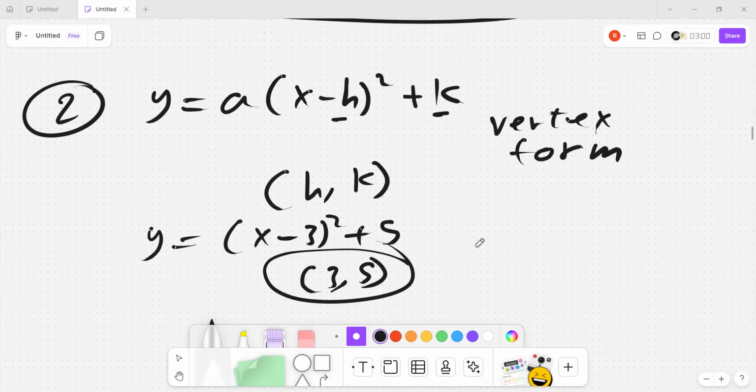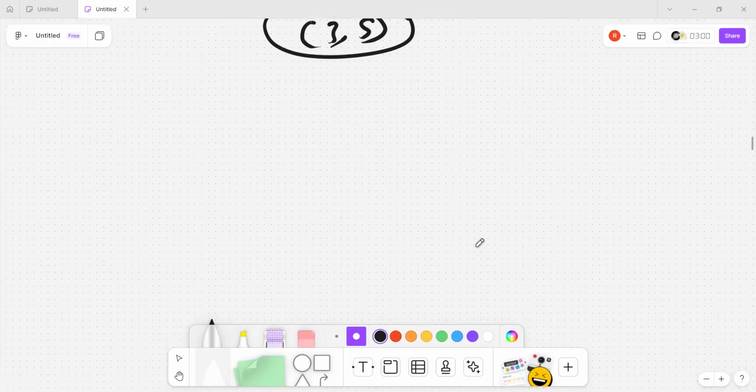Okay, so can we convert a standard form quadratic equation to a vertex form? Yes. Let's see. y equal 2x squared plus 8x plus 1.